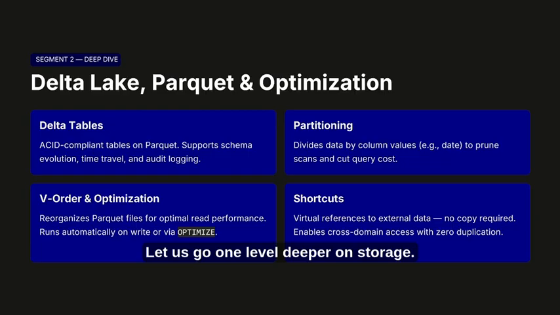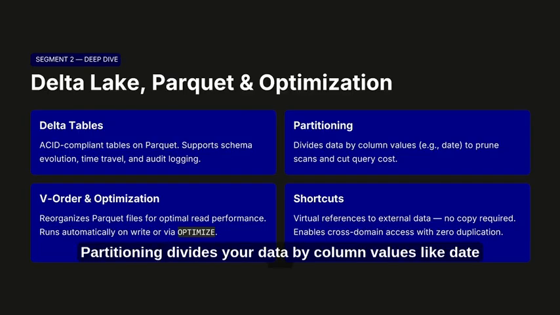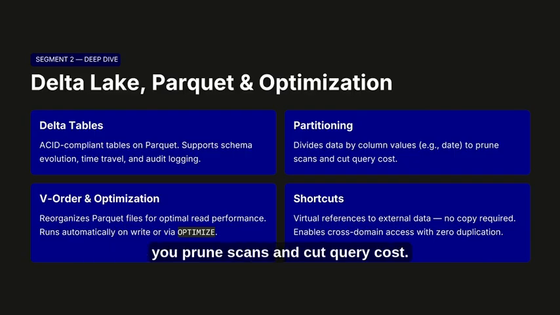Let us go one level deeper on storage. Delta tables are ACID compliant tables built on Parquet, and they support schema evolution, time travel, and audit logging. Partitioning divides your data by column values like date, so you prune scans and cut query cost.